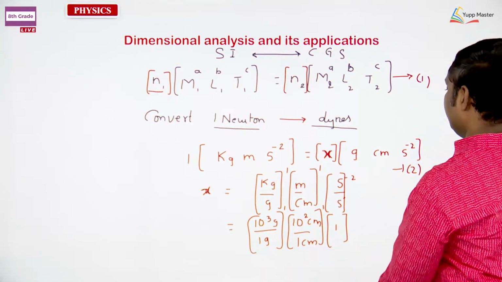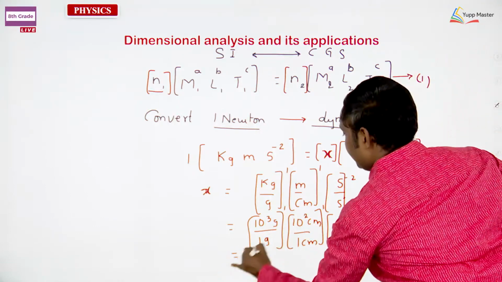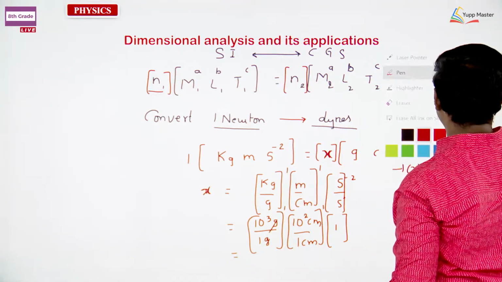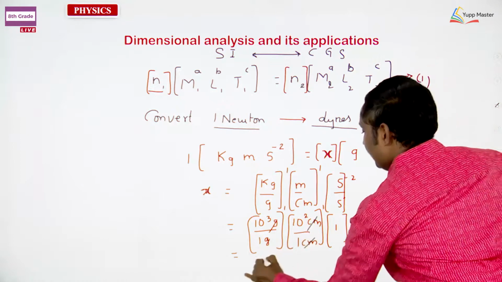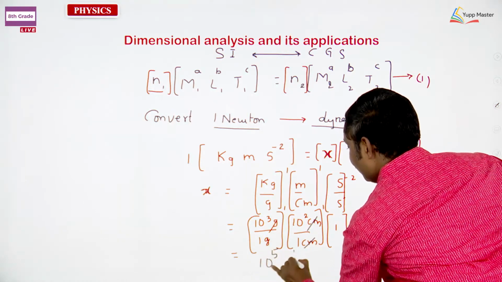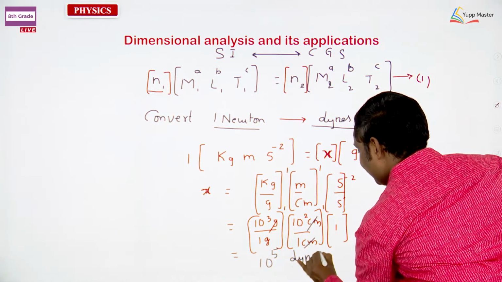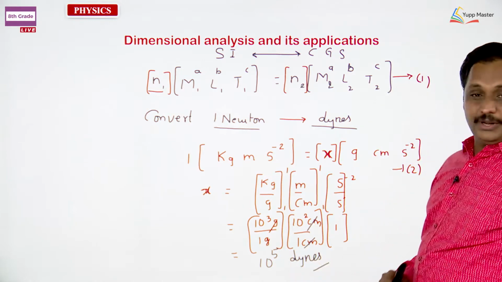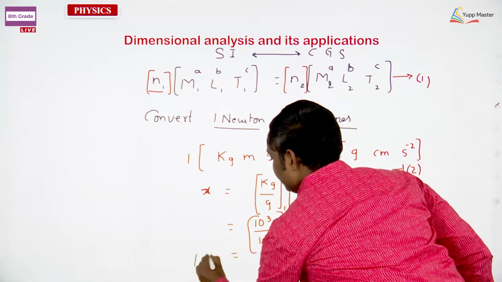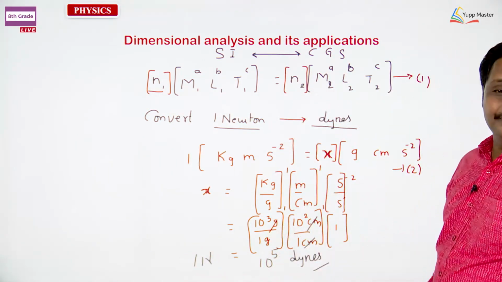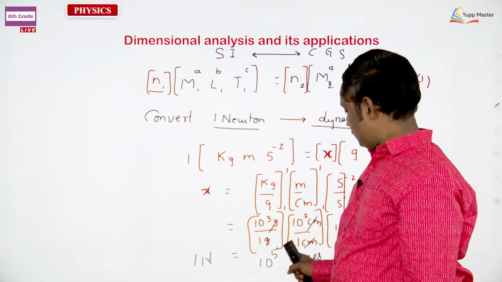Now, you can take all the cancellations, and 10 to the power of 5 dynes. Just you have to take 1 Newton is equal to 10 to the power of 5 dynes.